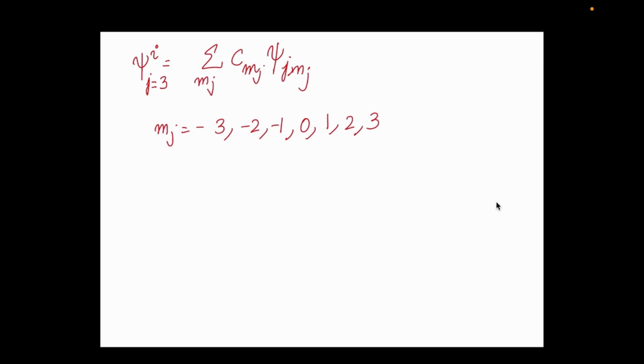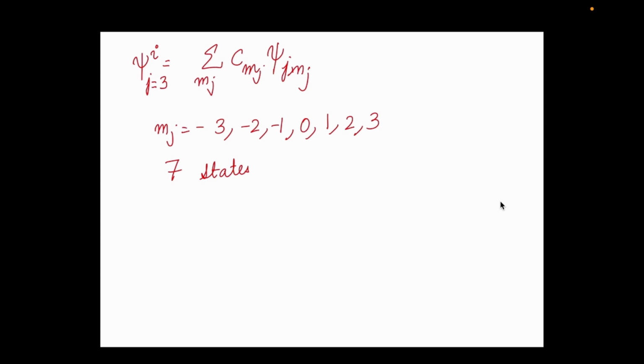That means you have 7 states which you can write. The initial beam which you put in is a linear combination of the 7 states, right?